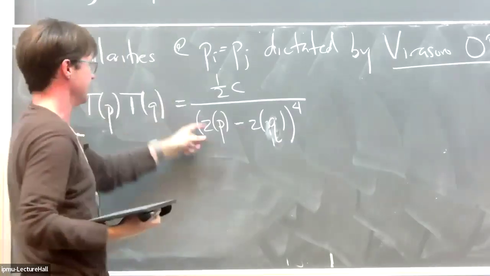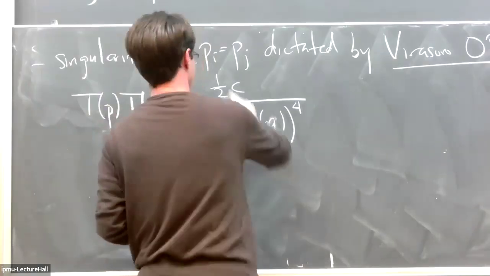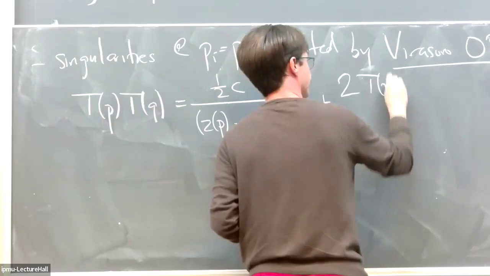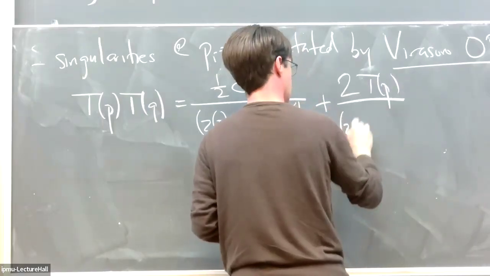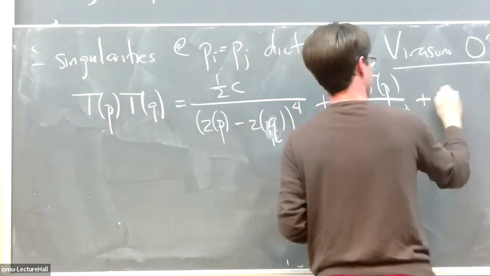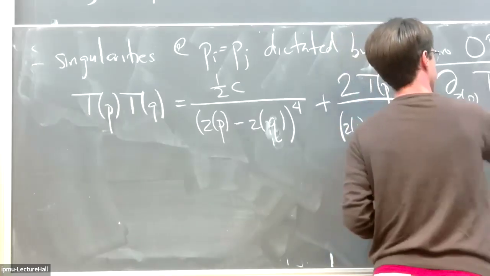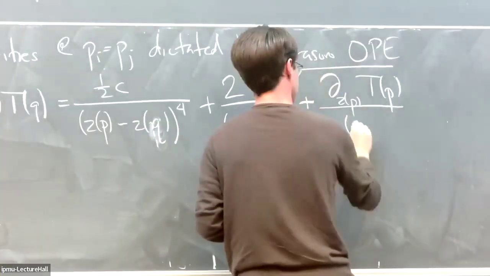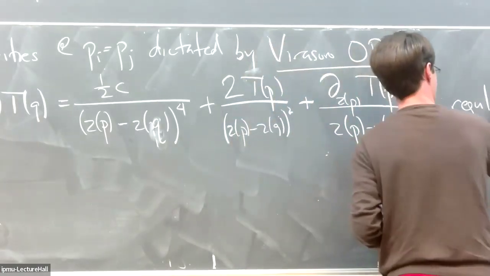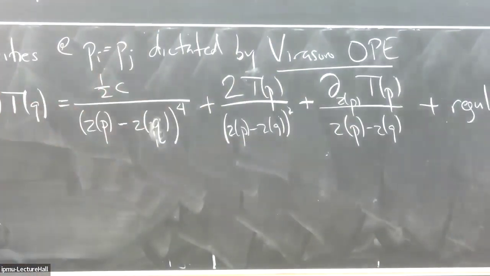I have some local coordinate z, and in that local coordinate I have a fourth order pole with coefficient 1/2 of the central charge, and then I have some subleading stuff: 2T(q) over (z(p) minus z(q)) squared, plus the derivative with respect to z of T(q) over z(p) minus z(q), plus regular terms. The idea is we're completely fixing the polar part of this meromorphic function.